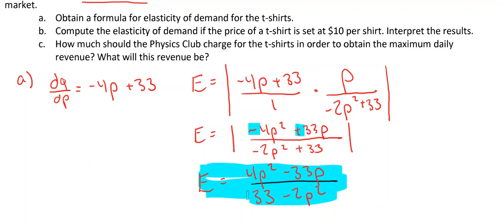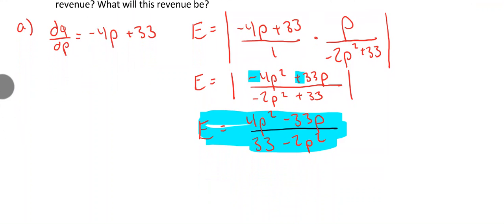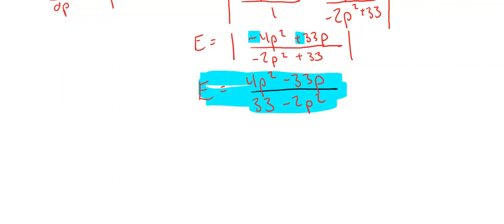Part B asks us to compute the elasticity of demand if the price of a t-shirt is set at $10. So now that we have a formula, all we have to do to answer part B is plug in 10 for p.